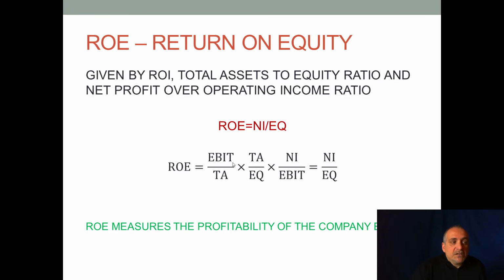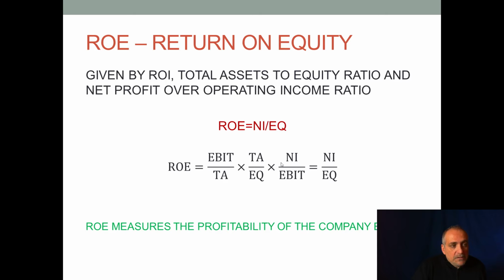So here we have a classical decomposition of return on equity. We know that there are other decompositions, such as the DuPont decomposition. But for example, let's stop here. We have ROI. We have total assets over equity, which we all know what that means: how many times you are investing €1 of equity, so a leverage measure.